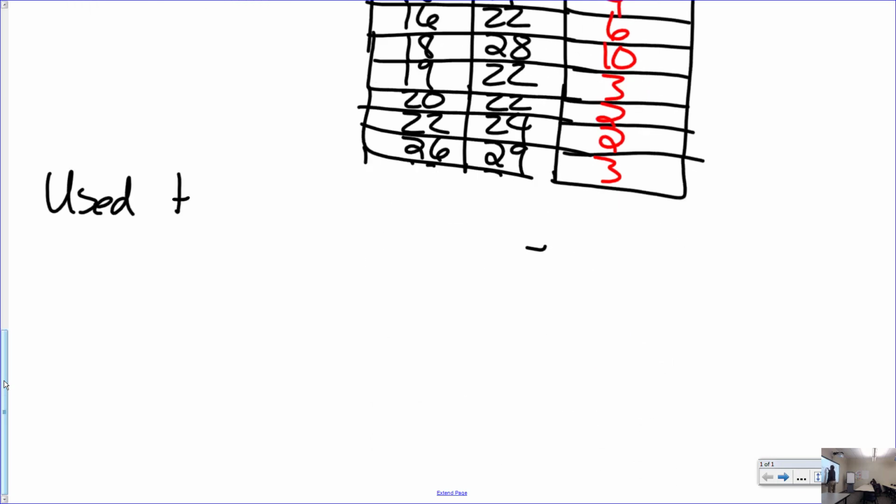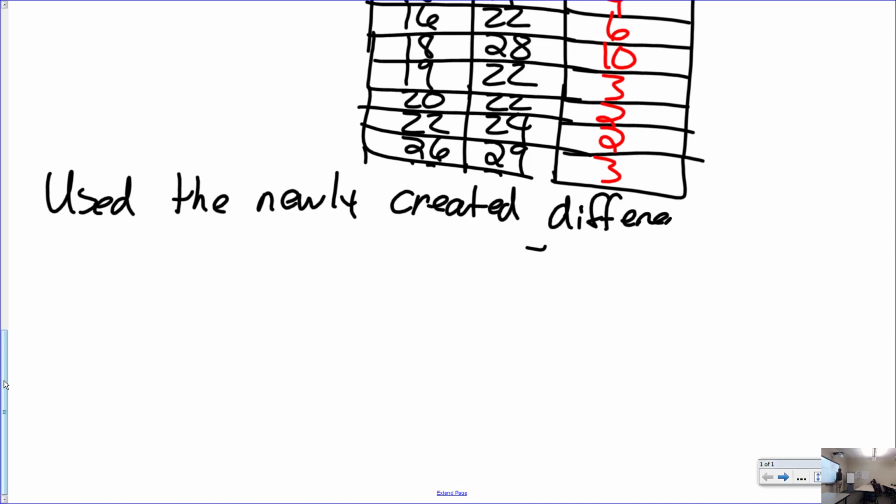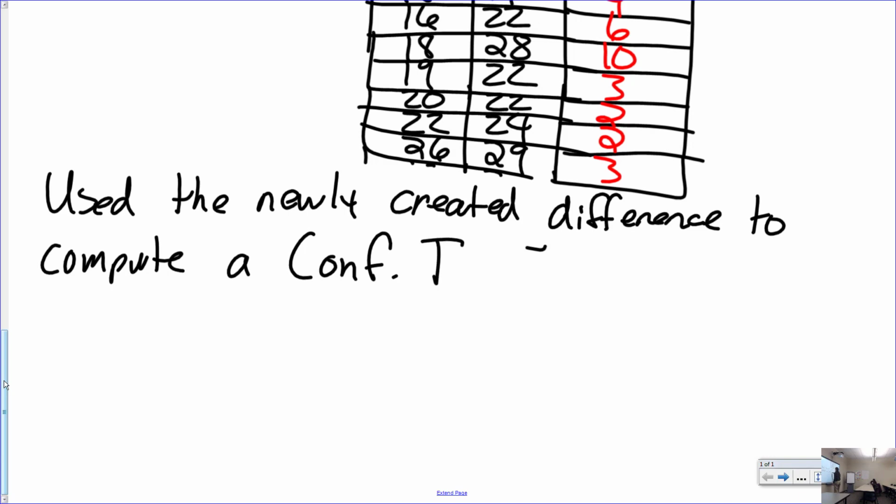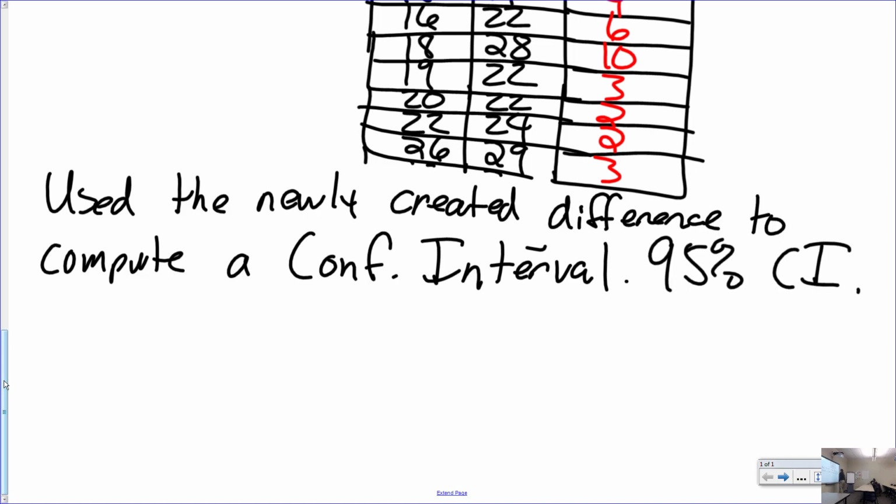Use the newly created differences to compute a confidence interval. Did I tell you what percentage I wanted? Nope. Okay, let's suppose I wanted a 95% confidence interval, just so that we have something to work with.